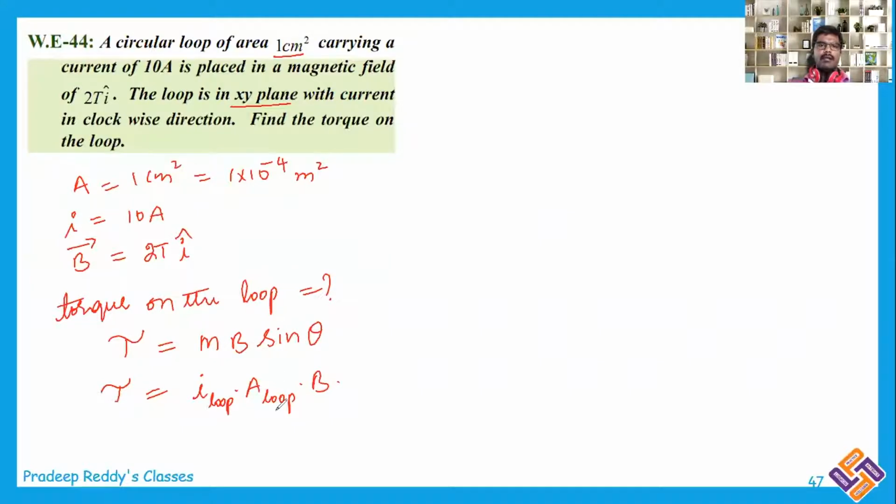Now see, the magnetic field is along the x-axis, and the current carrying loop is placed in the xy plane. So exactly the area vector will be perpendicular to the magnetic field. This is the direction of the magnetic field, and you are placing a coil in the xy plane.